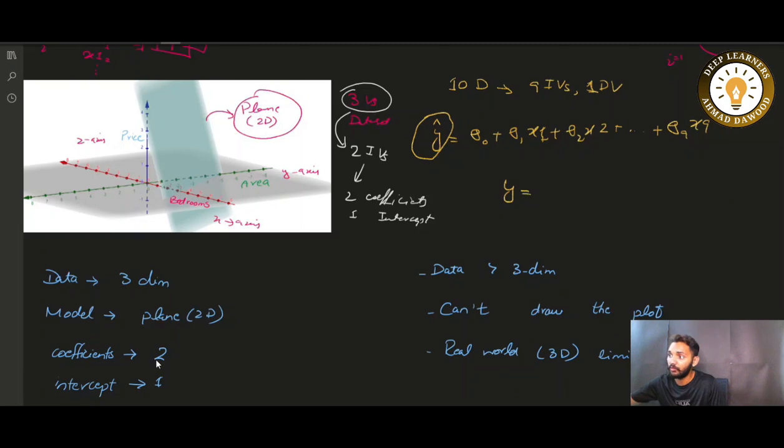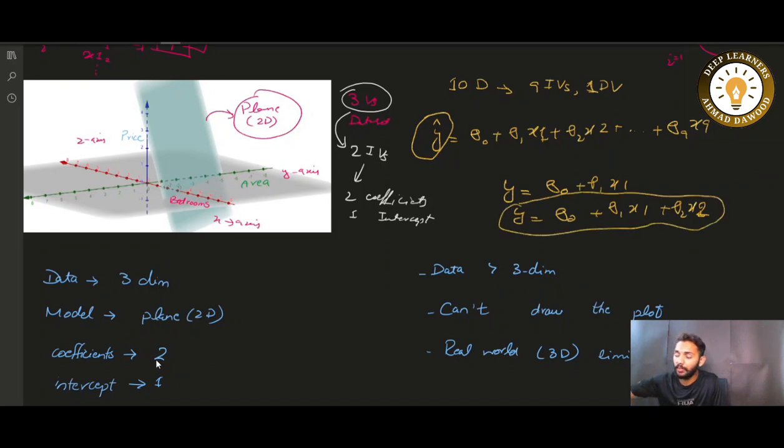If the equation involves just one variable, like this one, then we can say this is the equation of a line. When two variables are involved, theta 1 x1 plus theta 2 x2, then it will be the equation of a plane. In this way we can prove mathematically how many dimensions our model has, but we can't see it.